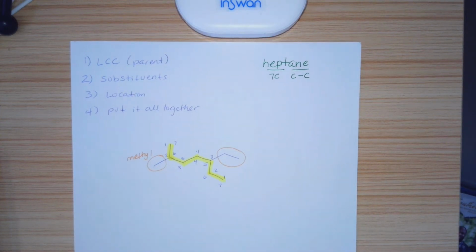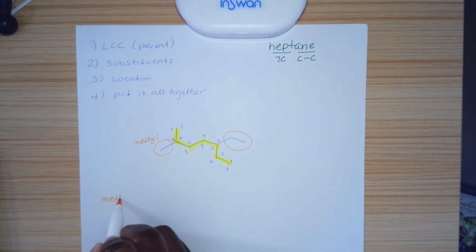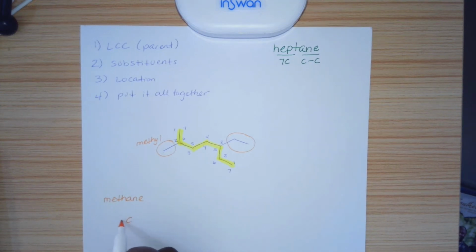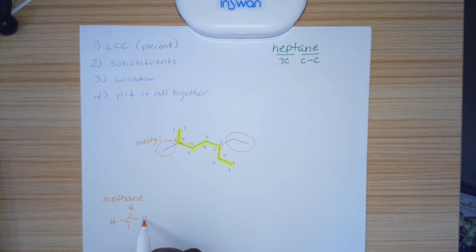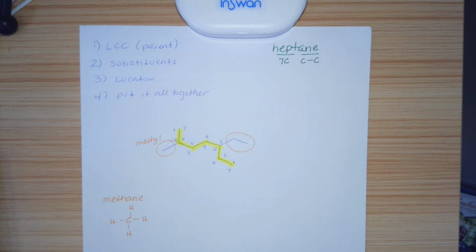Methyl comes from methane. I'm going to deviate for just a minute. Methane is your simplest alkane, 1 carbon, 4 hydrogen. But as I said with this particular carbon, we saw it only had 1 bond.